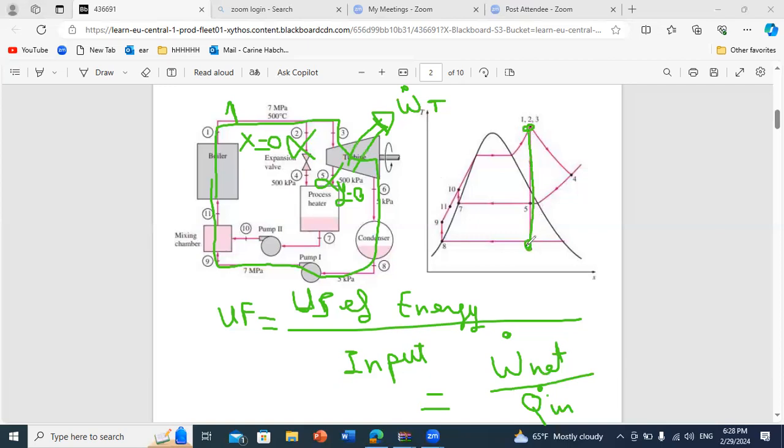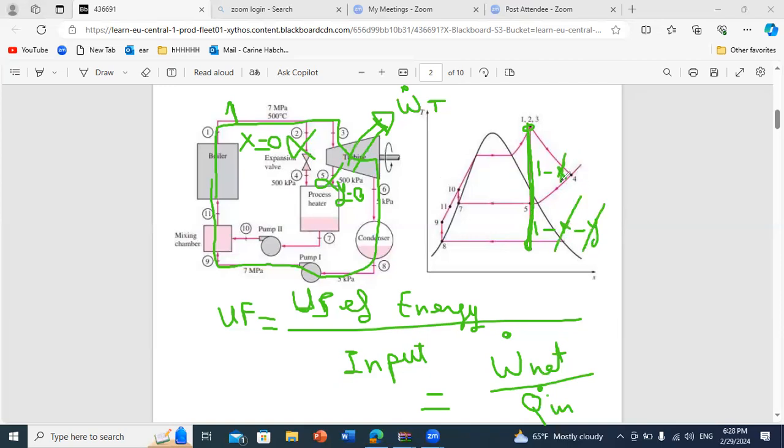Because we said that this is 1 minus x and this is 1 minus x minus y, but now x and y are 0, so I will go directly from 1 to 6 with the total mass flow rate.